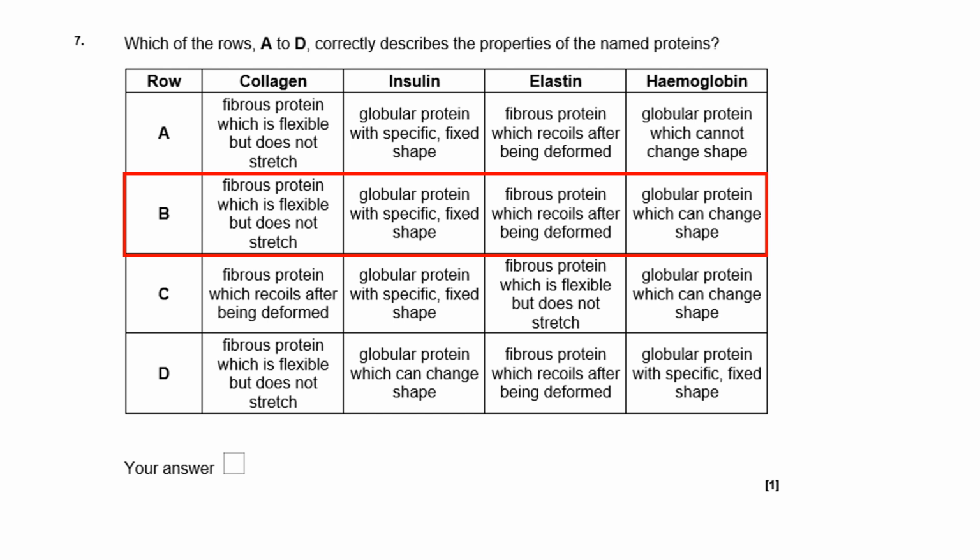Insulin is a globular protein and the shape never changes. Whereas hemoglobin is also a globular protein, but it changes shape depending on how much oxygen is attached. Elastin, as in the name elastic, is a fibrous protein, but it recoils, it regains its shape when you pull it. So B is the correct answer.